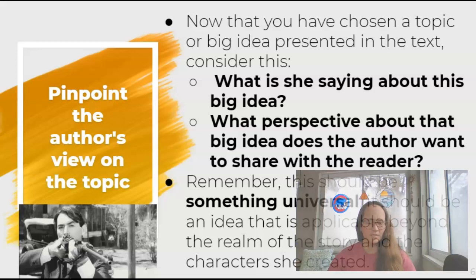So when you're writing your theme statement, we're going to go through some do's and don'ts, but you definitely don't want to say like, Scout loses innocence in experiencing trauma in To Kill a Mockingbird. Well, that doesn't apply to anybody outside of the text because you mentioned Scout's name there. All right, so ask yourself these questions as you are thinking through the topic you have selected.